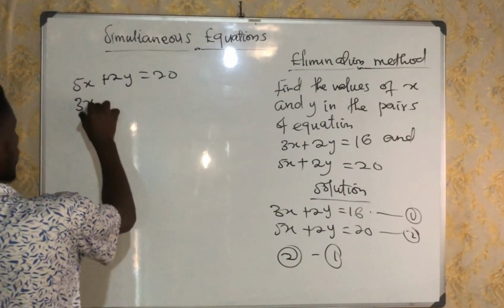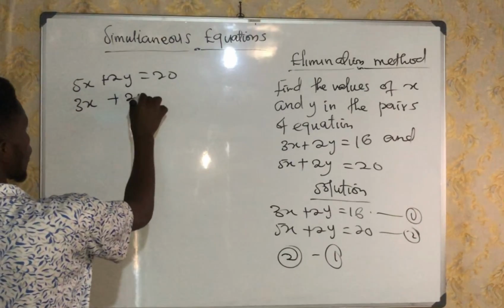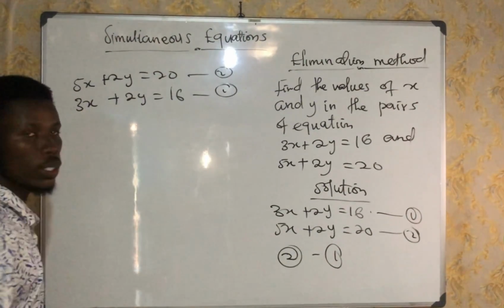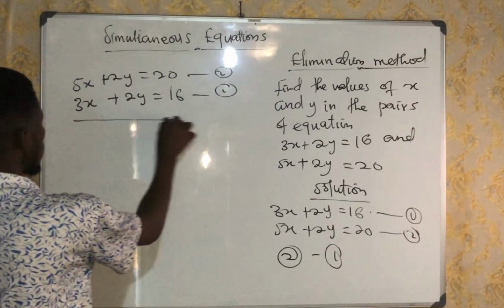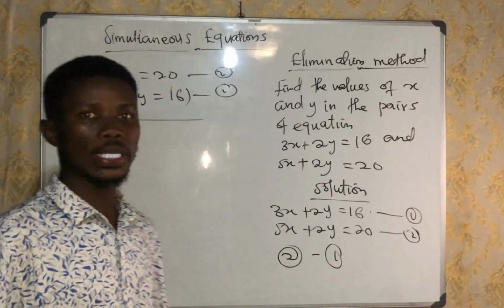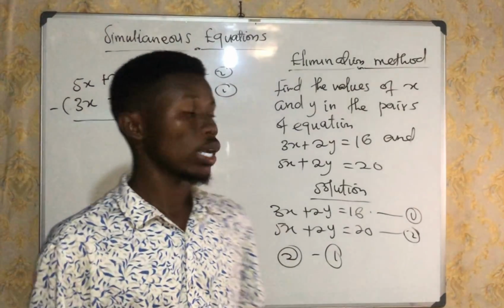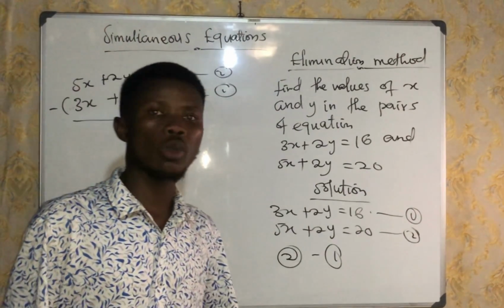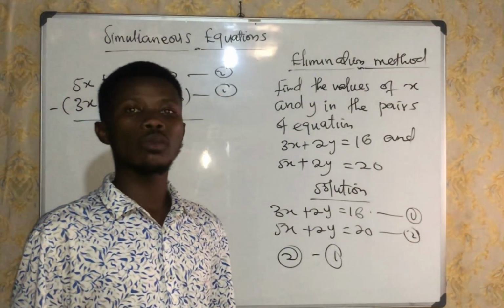Minus 3x plus 2y equals 16. So this is our equation 2, equation 1, and we are subtracting. You can see that the negative sign here will affect all of equation 1, because that's what we are subtracting from equation 2. Why are we subtracting? We want the y to go to 0.